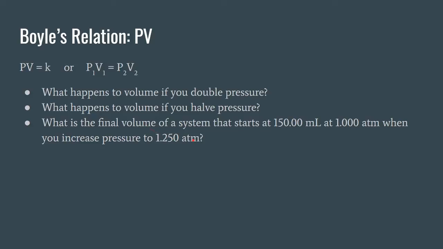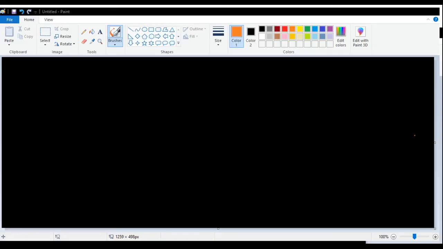What is the final volume of a system that starts at 150 milliliters at 1 atmosphere if you increase the pressure to 1.250 atmospheres? For that, we should go ahead and switch over to a little bit of paint. Come on, laptop, don't fail me now. Okay, so P1V1 equals P2V2.